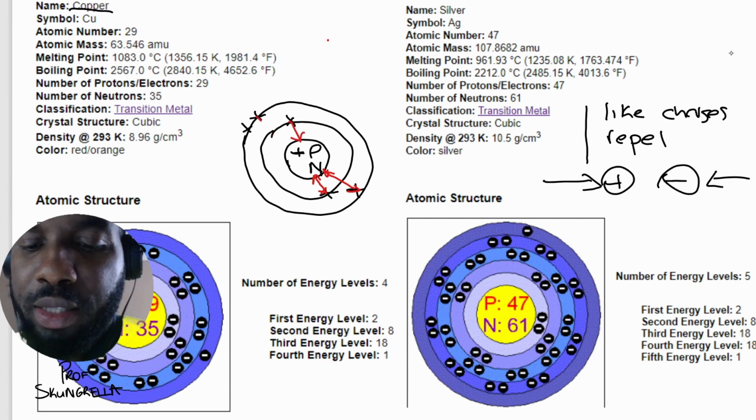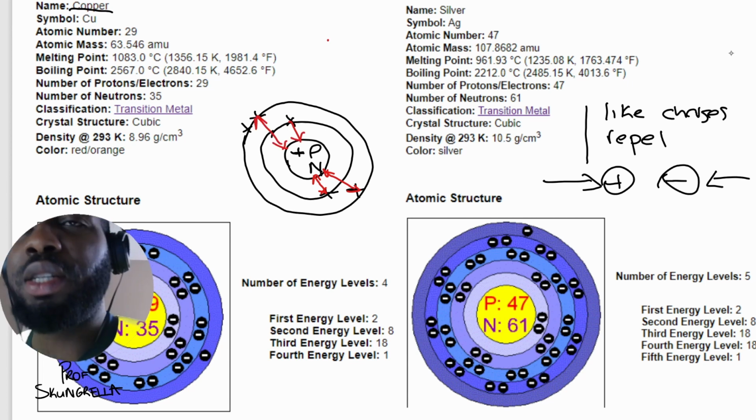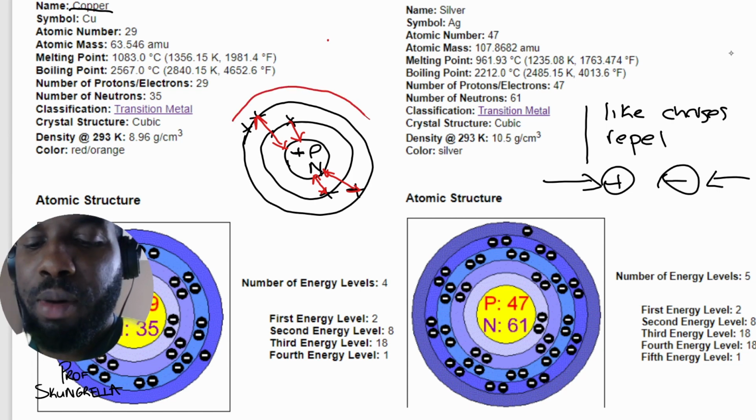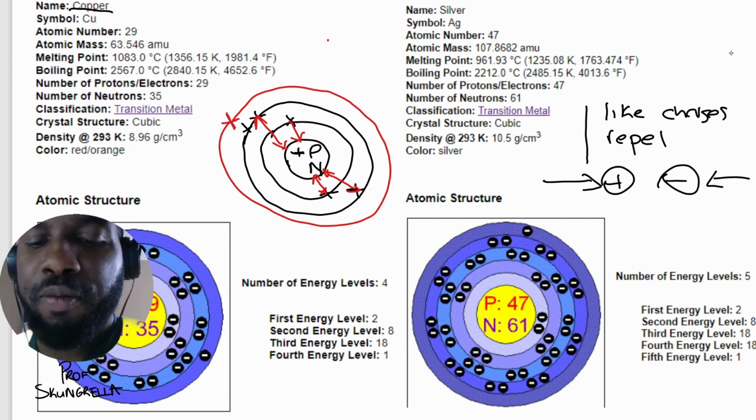You can see that some electrons are going to be at a greater distance from the nucleus than others, right? In fact, we are concerned about the electrons on the last shell, which is called the valence shell. Now these electrons are the furthest away from the nucleus, and so even though there is an attraction between the negative here and the positive in the center, the attraction is going to be weaker because of the distance.